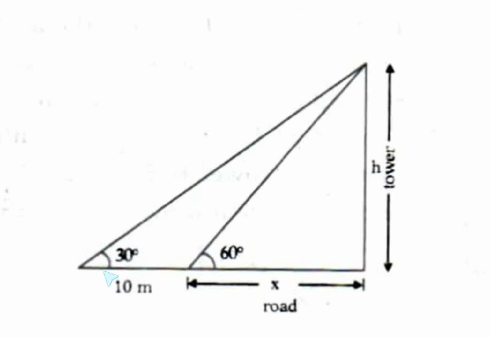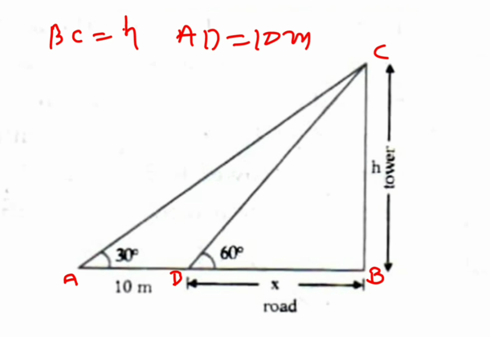Now this is a diagram. The height of the tower is h meters. BC, the height of the tower BC, is equal to h meters, and AD is equal to 10 meters, and BD is equal to x.